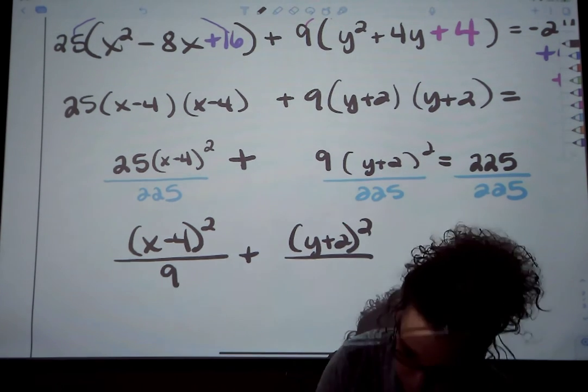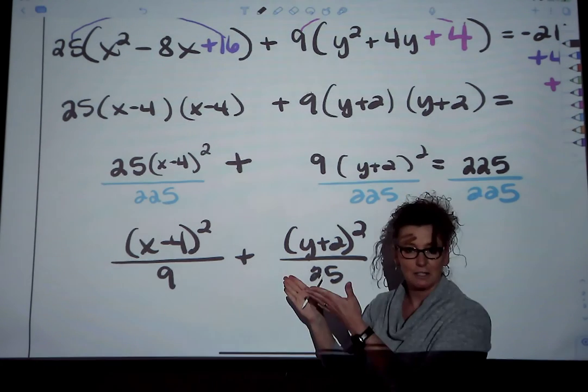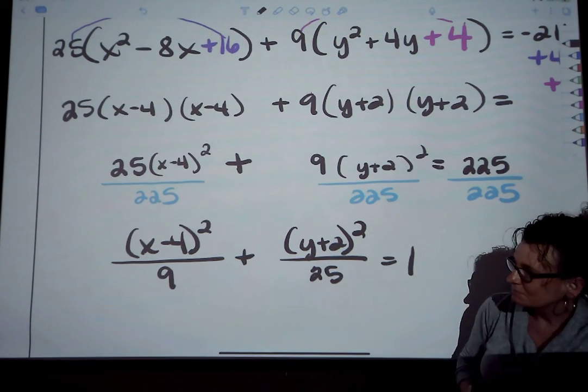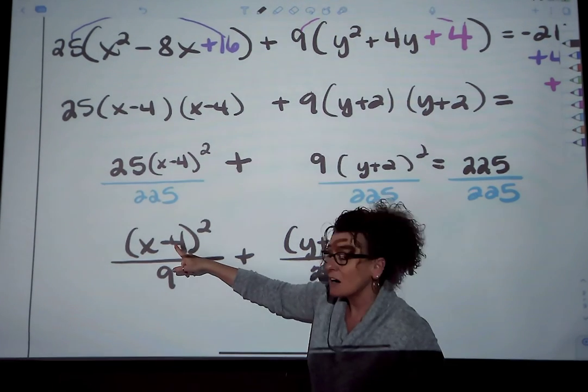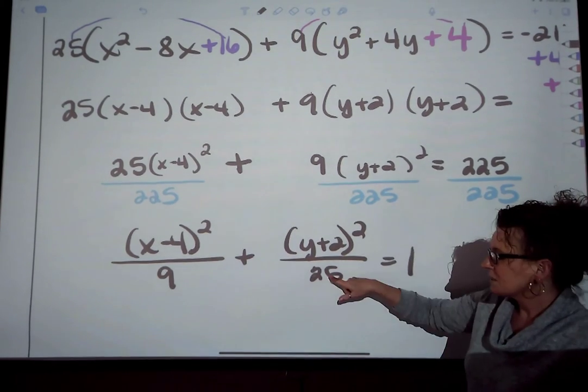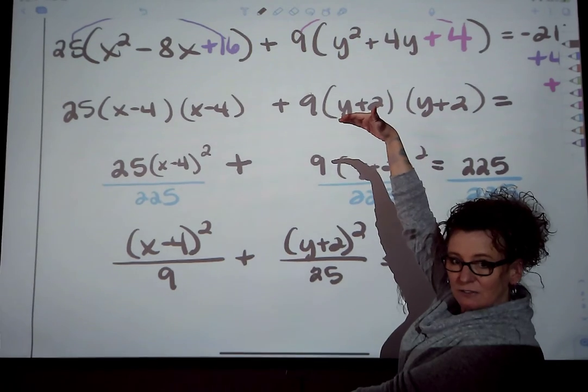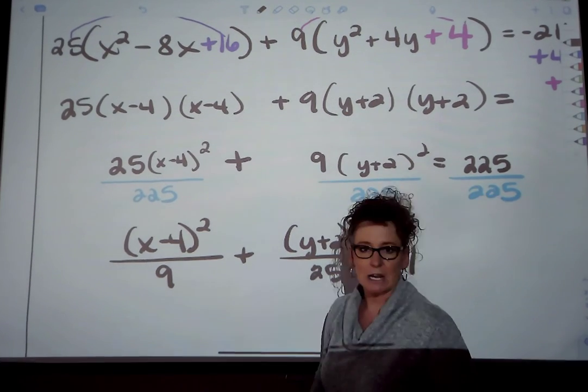This reduces. This is an ellipse. Center is at positive 4, comma, negative 2. This is bigger. Major axis this way. A is 5, B is 3.